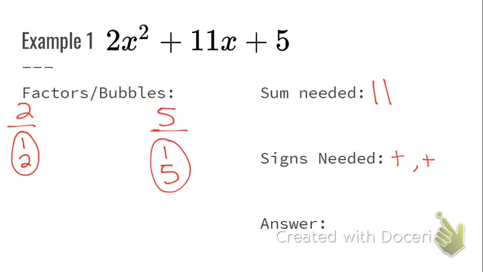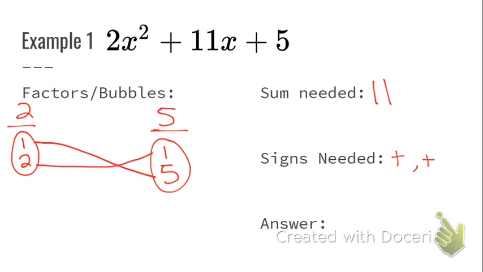Next is when we check our bubbles to find the right combination. So what that means is we're going to connect, for example, the 1 with the 5 and the 2 with the 1.